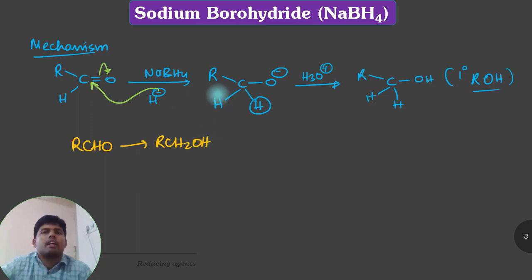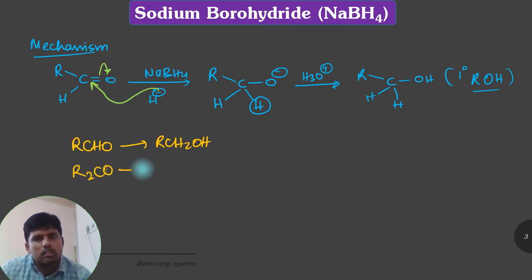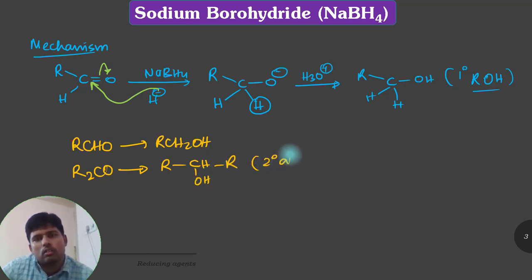We already saw the mechanism. A similar mechanism is seen for even R2CO. So this is a ketone. This ketone is converted to RCHOHR, which is actually a secondary alcohol, and here you have a primary alcohol.